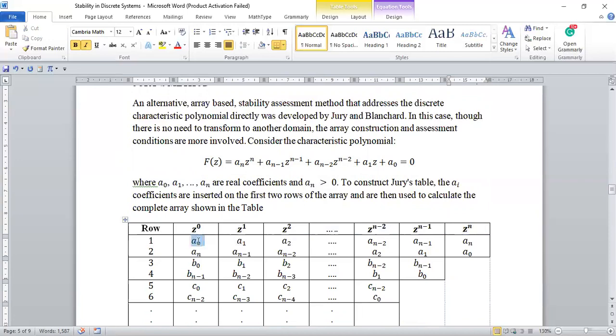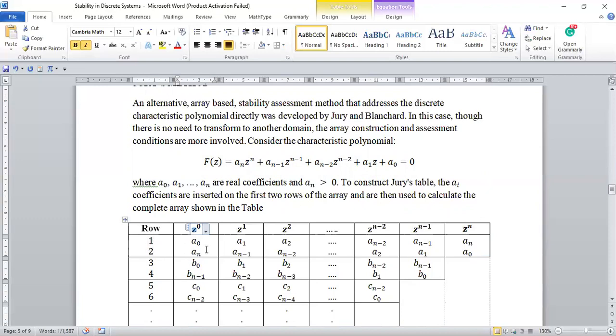We know that the coefficient of z raised to power 0 is a0, the coefficient of z raised to power 1 is a1, you continue like that, and the coefficient of z raised to power n is an. So that's the first row.